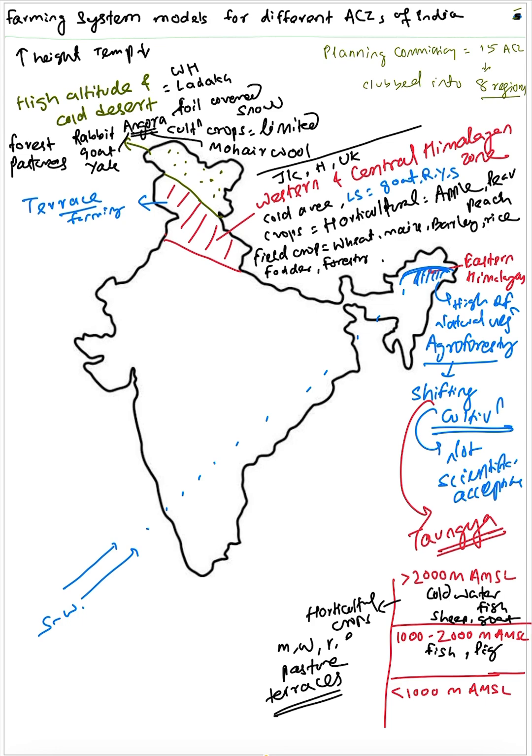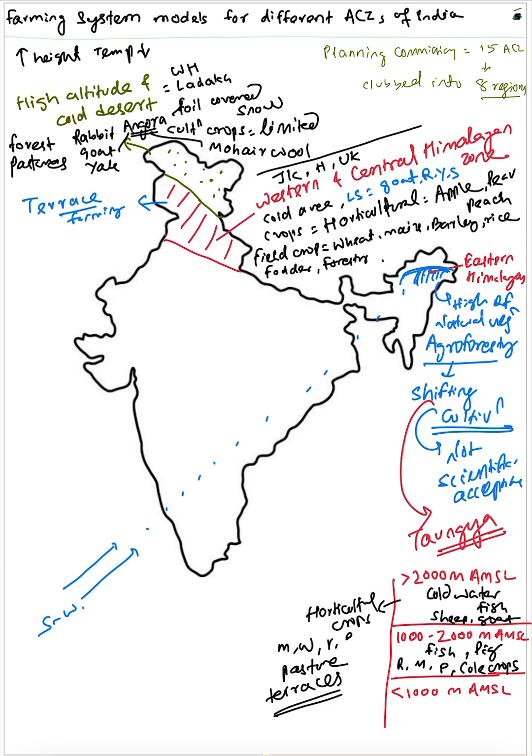With respect to crops, you can go for rice, maize and pulses, and also the cole crops, meaning cabbage and cauliflower.